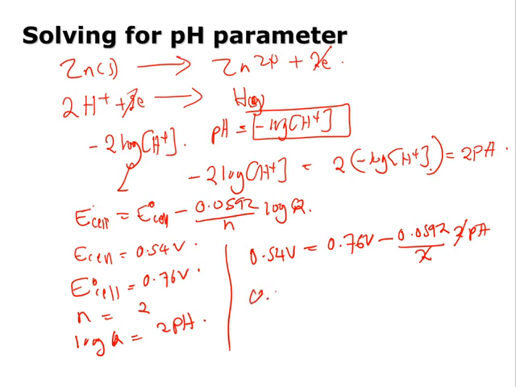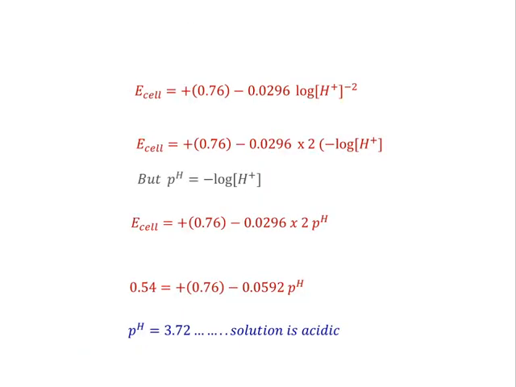So what you get is 0.54 V equals 0.76 V minus 0.0592 pH. Then from here you can solve for pH, right? After you solve for pH, you discover that your value will basically be equal to 3.72.